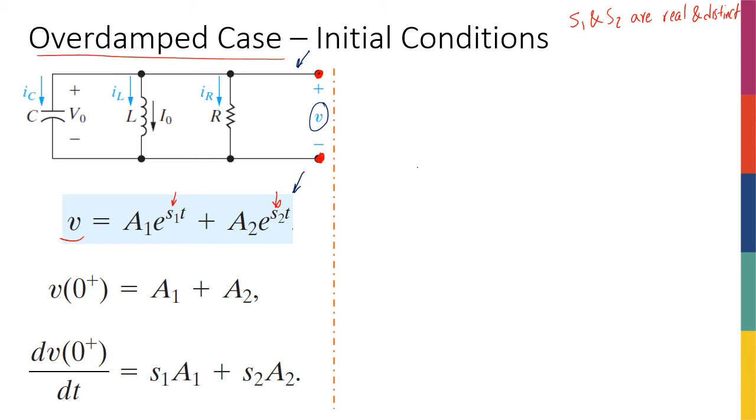So at t equal to 0, this voltage should still be equal to the real voltage across these elements. So I know that V at 0 is equal to V0. What is V0? The initial voltage across the capacitor, as we defined.